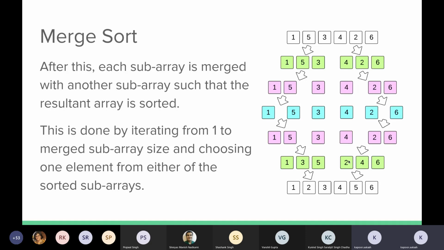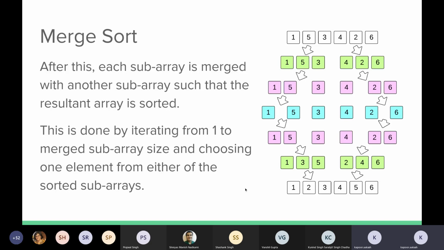Now, pointer 1 will point to the next element, which is 3. Pointer 2 is pointing to 2. 2 is smaller than 3, so you choose 2, put it in the array, and move pointer 2 to the next, which now points at 4. Now pointer 1 is pointing at 3, pointer 2 is pointing at 4. Choose 3. Then you choose 4 and 5 and 6 and so on. It's taken 6 steps.